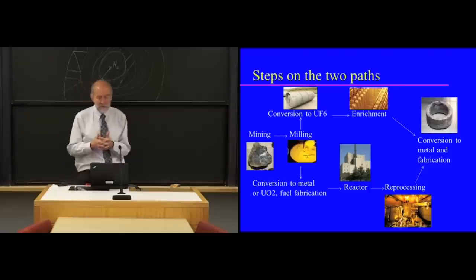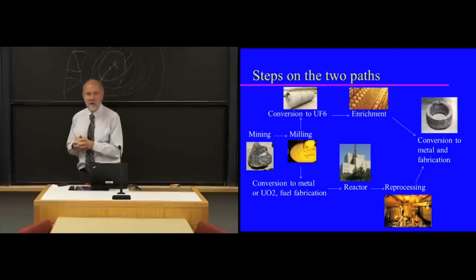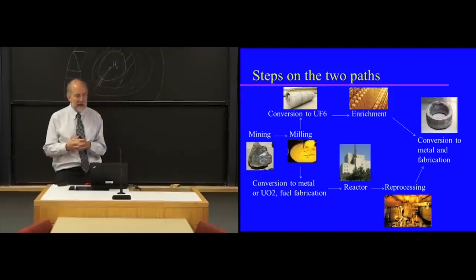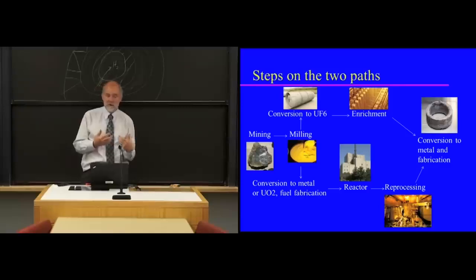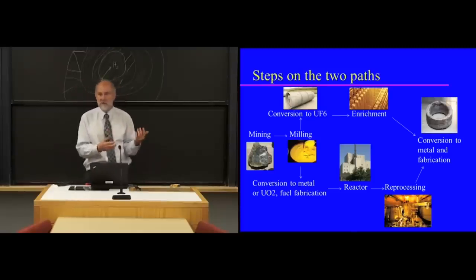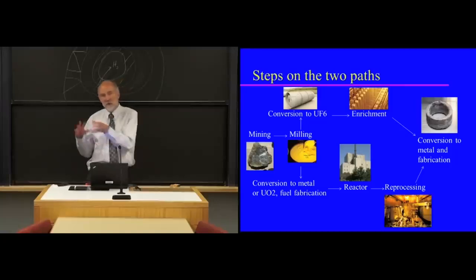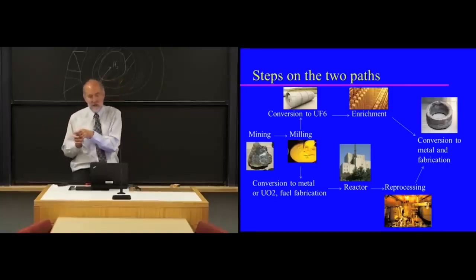Now on the lower route, which is the plutonium route, you take that yellow cake that you got from milling the uranium that you mined, and you convert it to some different thing. You might convert it to metal, or you might convert it to oxide, depending on what kind of fuel you're using in your reactor. So then you fabricate it into fuel. You put that fuel into the reactor.